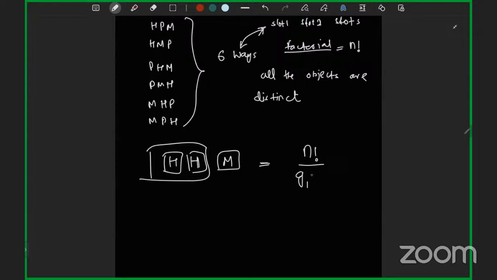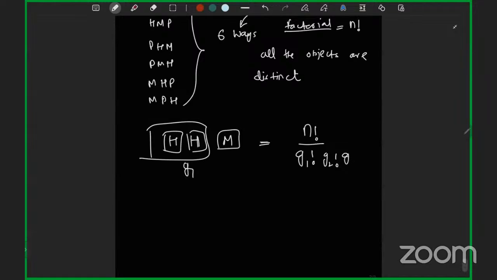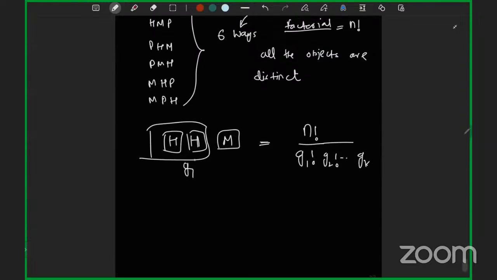So it goes like G1 factorial, G2 factorial, and all. Since we have only G1 here, but if there are multiple, then you can go up to Gn, any number G, K or something. So that's how this goes. If I want to arrange them, then it will be 3 factorial divided by 2 factorial, since this is a group.